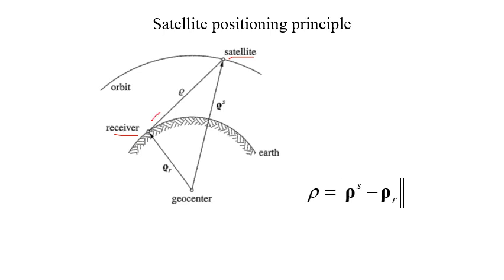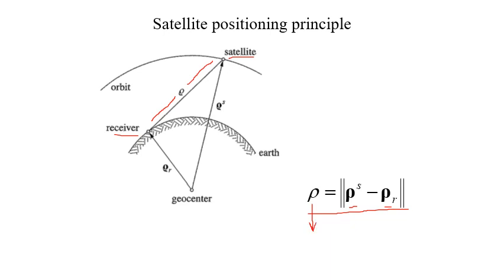It is denoted here by rho. The rho is a scalar value of the difference between the satellite position and the receiver position.